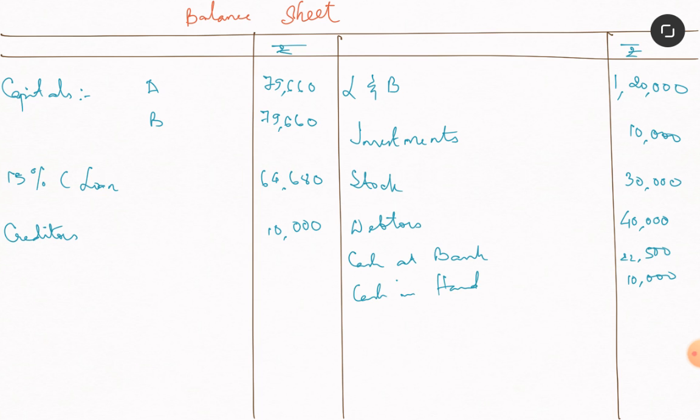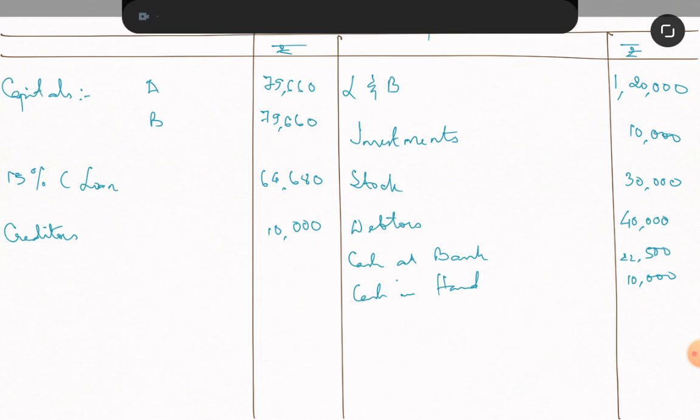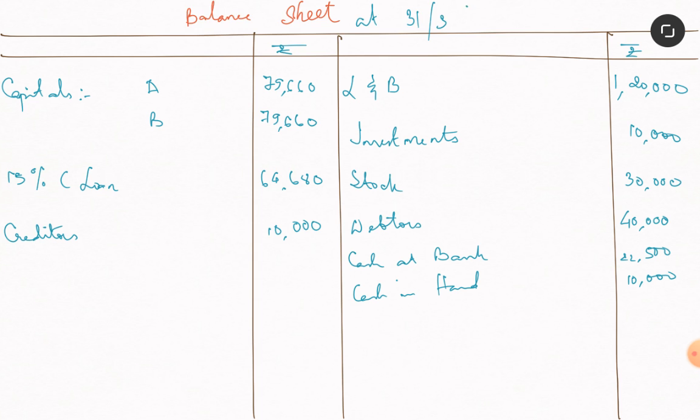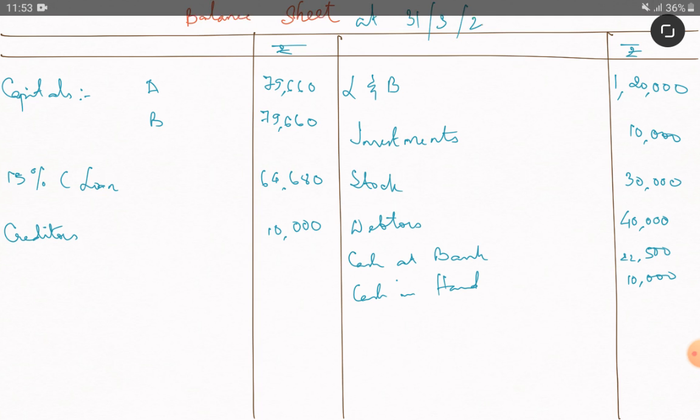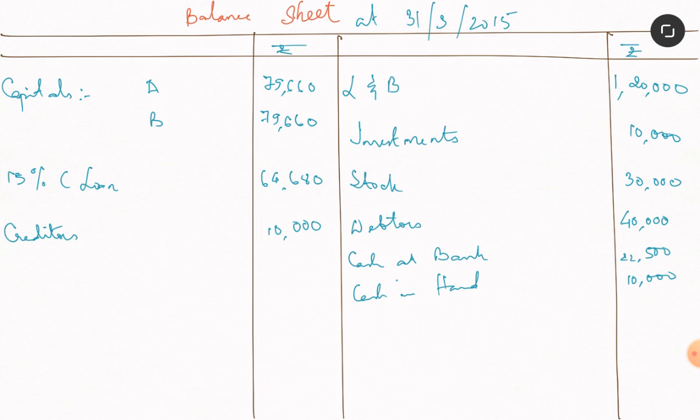Okay, so there was a new account that you've opened, your profit and loss suspense account, for recording the profit of your retiring partner. That profit and loss suspense account we will have to record as on 31st of March. Okay, this is interim period as at 31st of March 2015. This is the interim period, so this is your interim balance sheet. So we have to record your profit and loss suspense account.